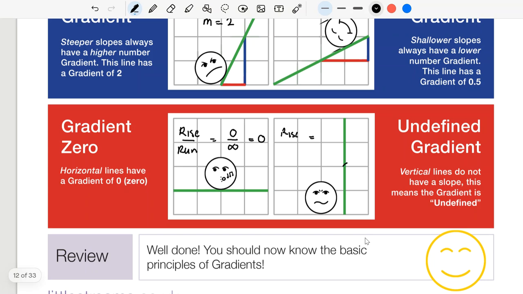Well, the rise in this case is as much as you want, but what's the run? 0. There's no run. So you must have encountered this before. If you divide something by 0, the answer is not 0. You get a maths error on your calculator, and the true way of saying it is it's undefined, because we have no way of processing it.